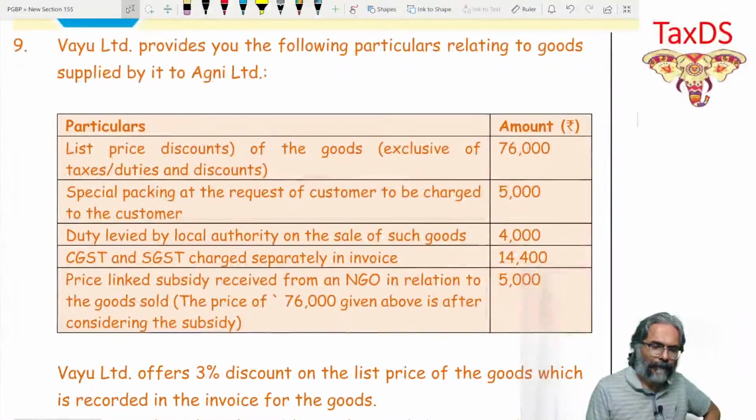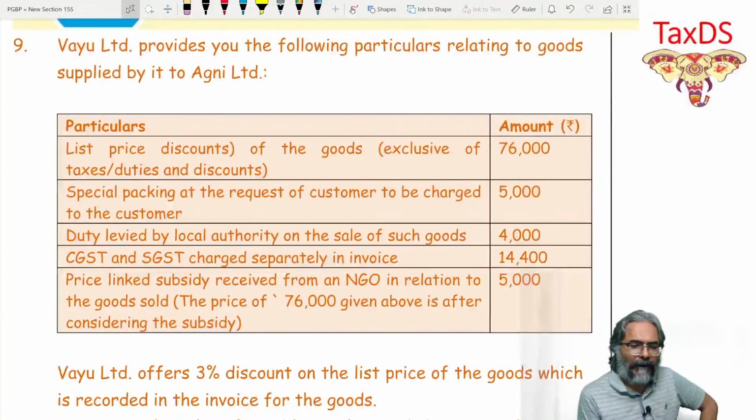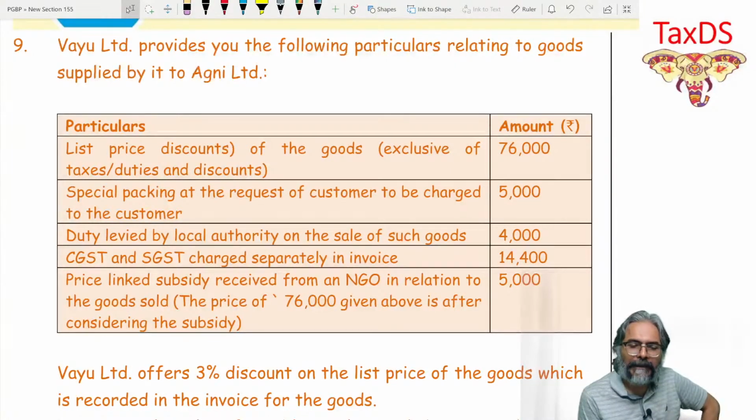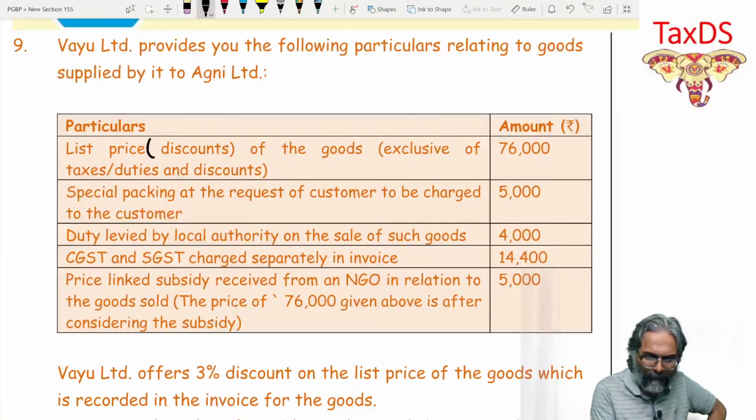Let's take question number 9, students. Now, Vayu Limited provides you the following particulars relating to the goods supplied by it to Agni Limited. What is that? List price, students, right here before discount.